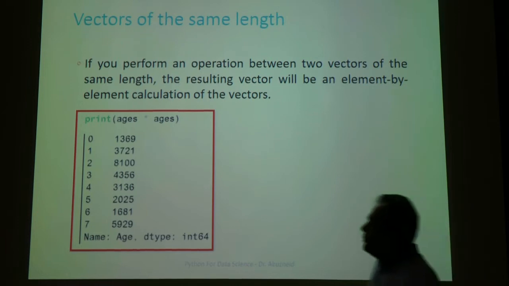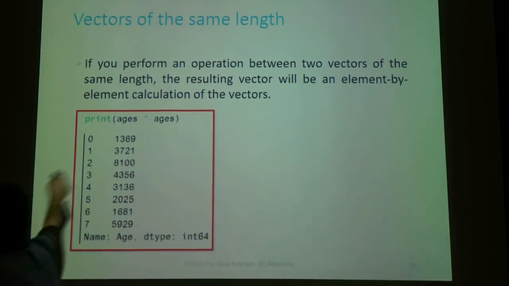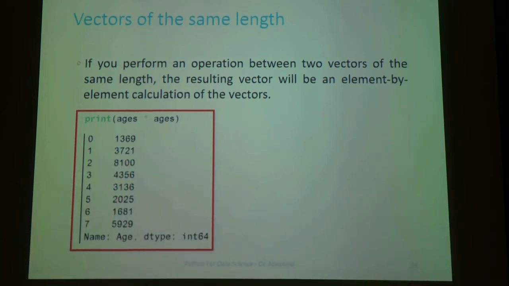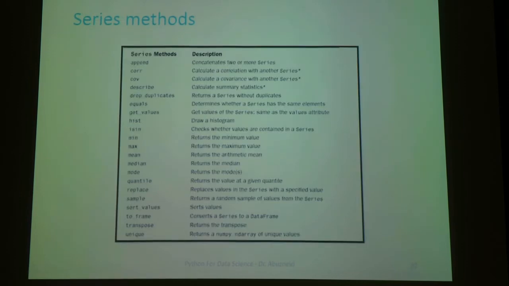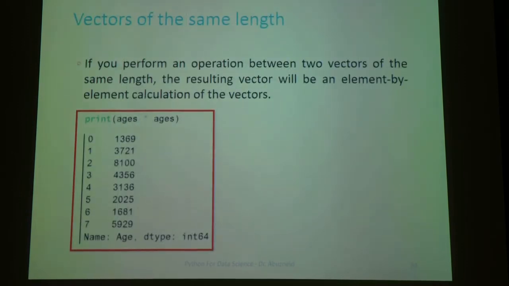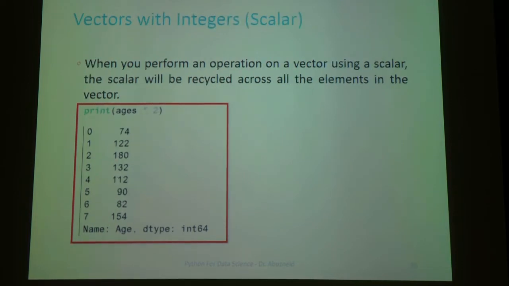So in here, for example, print ages times 2. There is a Series called ages, and it goes cell by cell and multiplies each, putting them together for you. Ages times 2 will go to each cell in that vector or Series and multiply it by 2.